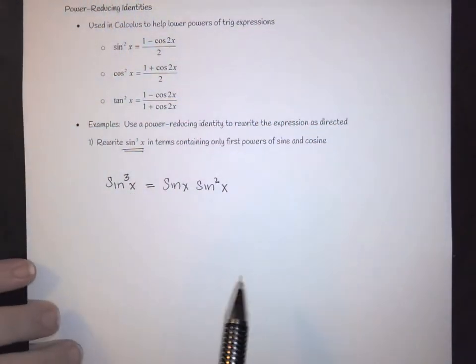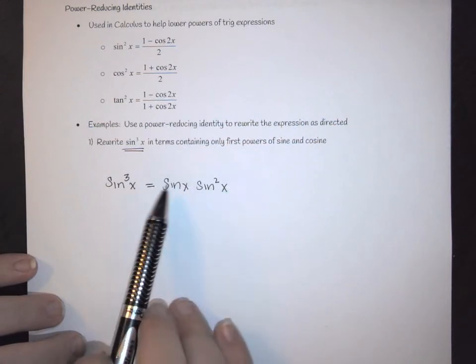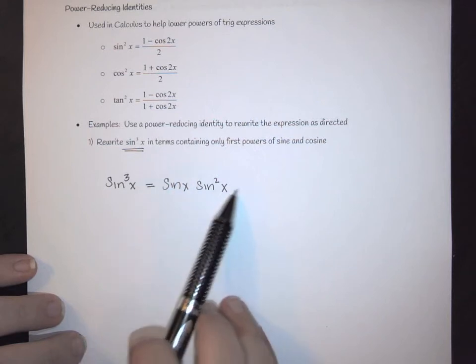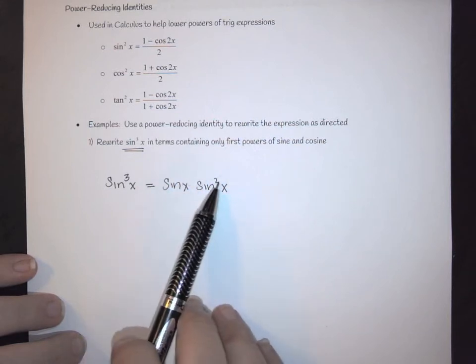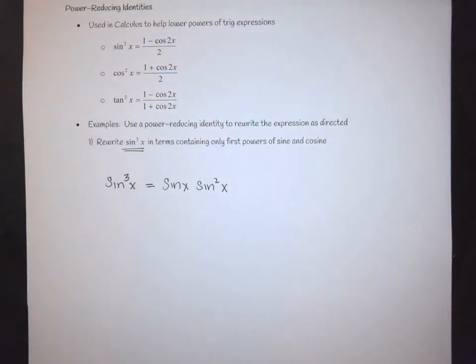Why? Because algebra says that when you are multiplying, you add the powers. A first power of sine times the second power, 1 plus 2 is 3. So we're taking the ideas that you learned in algebra and applying them to trig, but in a way that we're kind of working backwards.